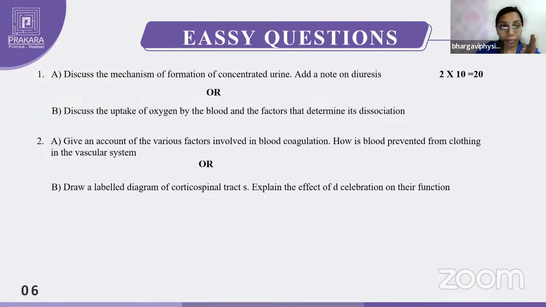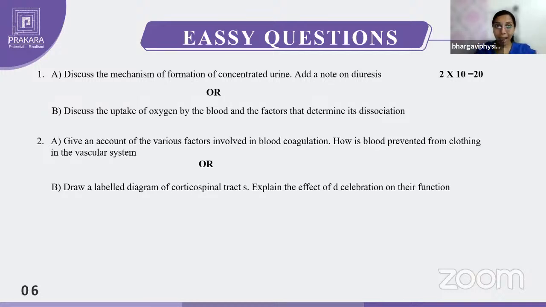Here, question number 2A: give an account of various factors involved in blood coagulation, and how it is prevented from clotting in the vascular system. For the various factors involved in blood coagulation, you have to write the intrinsic pathway, extrinsic pathway, and common pathway.